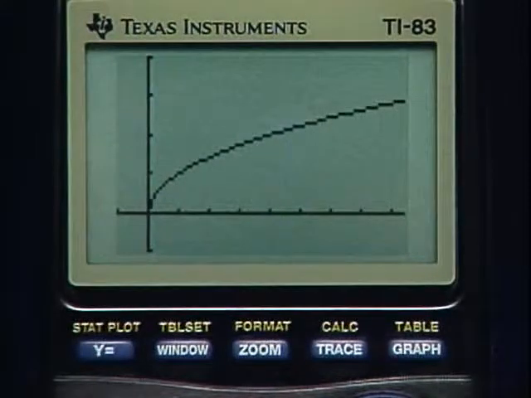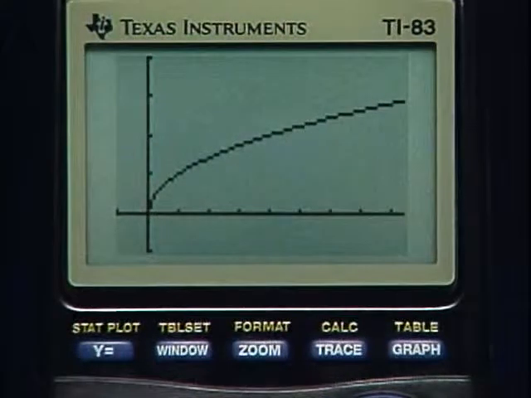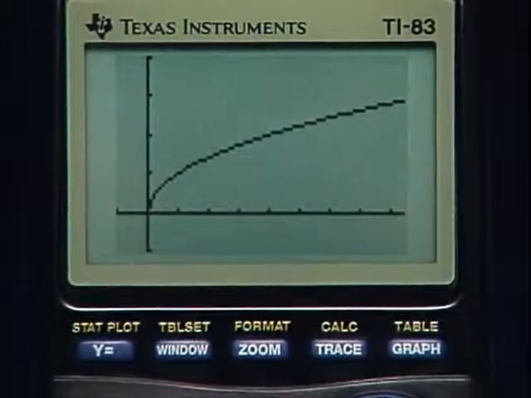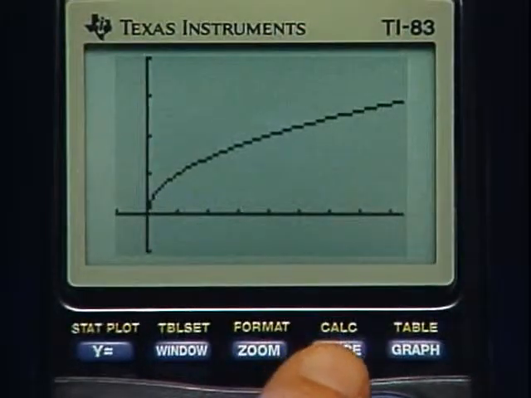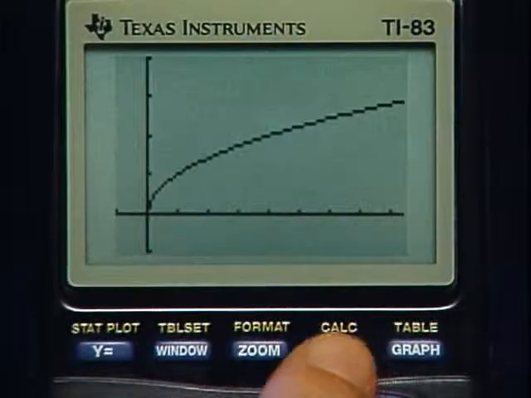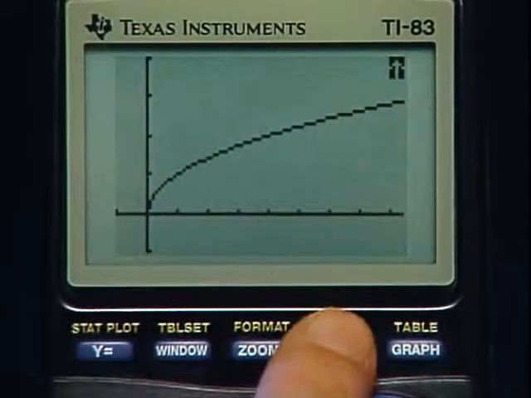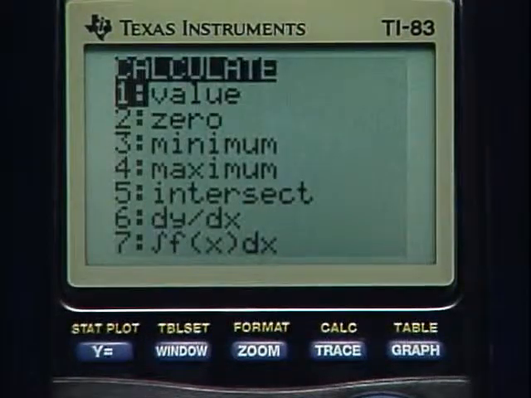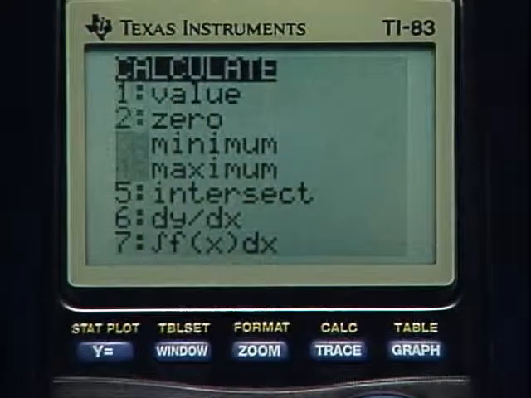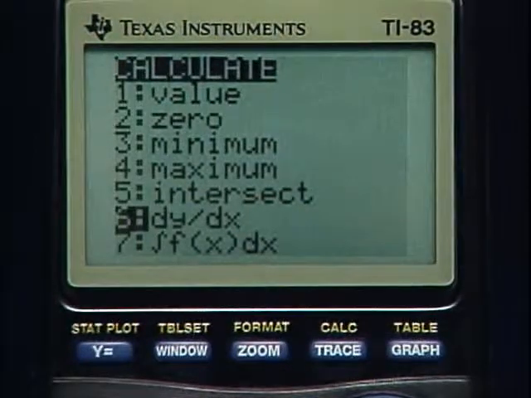Now, to find the derivative at these various points that we talked about, we're going to go into the menu, which is the second function on trace. That's CALC. So I'm pressing second and then the trace button, and it allows me to select item number 6, which is dy/dx.